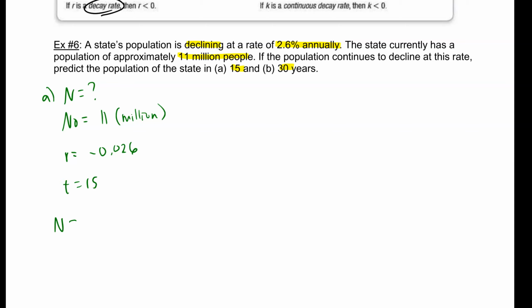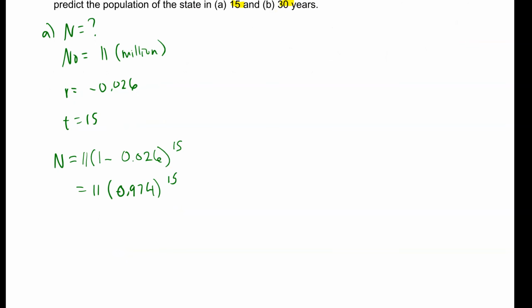So if we plug everything in, 11 times 1 minus 0.026 to the 15 years. So it's just 11 times 0.974 to the 15. So this is approximately 7.4 million.